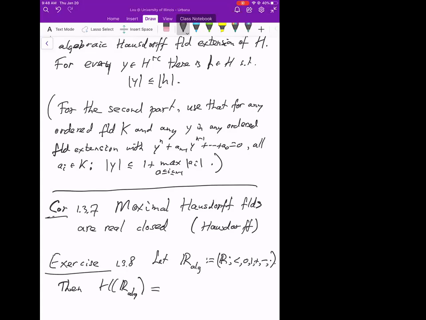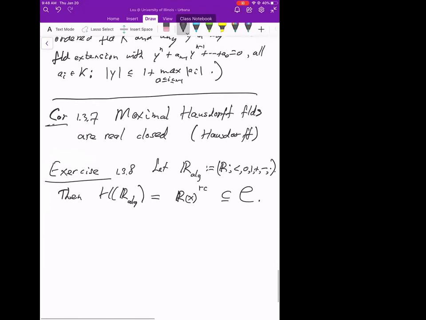This is exactly the real closure of the field of rational functions inside the curly C. Okay. Good. Let me see what is the time. I should go for 2 hours now, right?